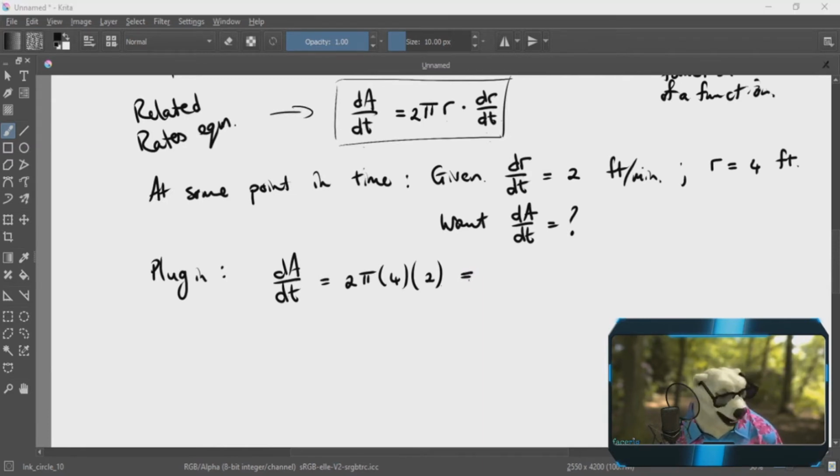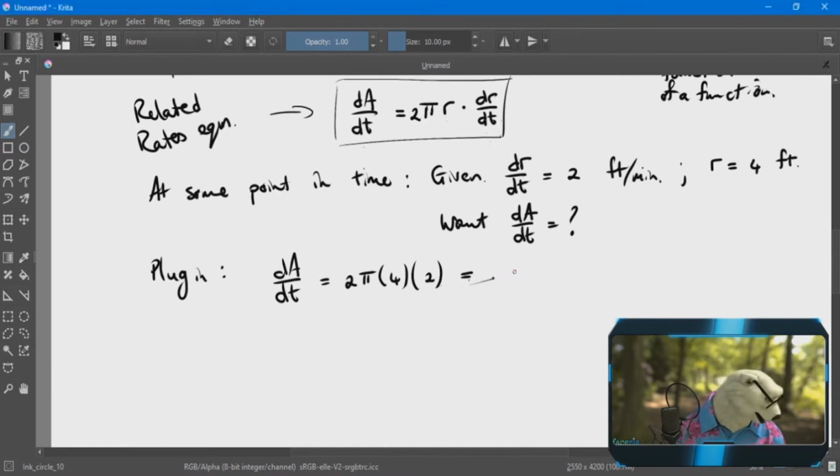So if I put in 2 times 4 times pi times 2, it gives us 50.27 if I round it, and that will be square feet per minute.